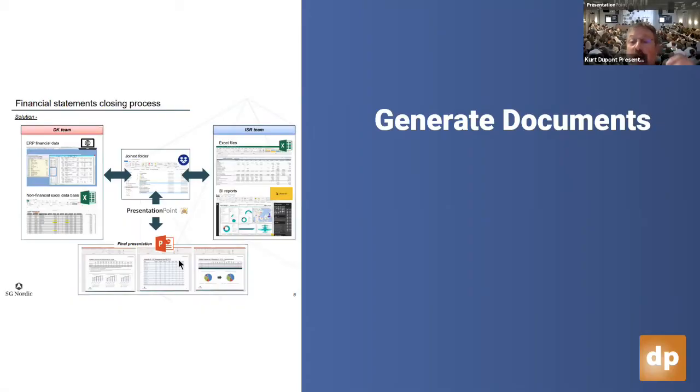And then you can mail merge that information into a new document or even create multiple documents. So when you have 1,000 records or persons in the data source, you can create a PowerPoint with 1,000 slides, or even create 1,000 PowerPoint files with one slide in each. So that's for the generation of documents.